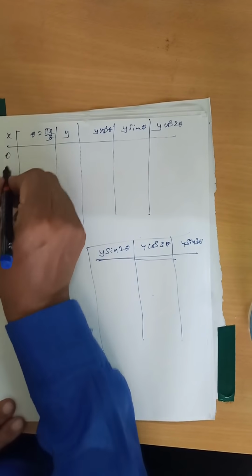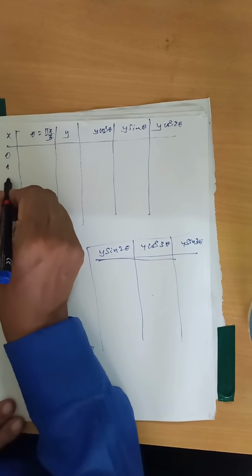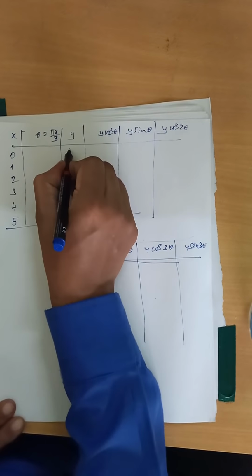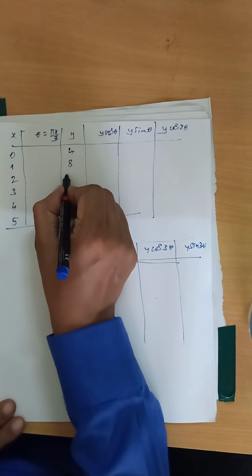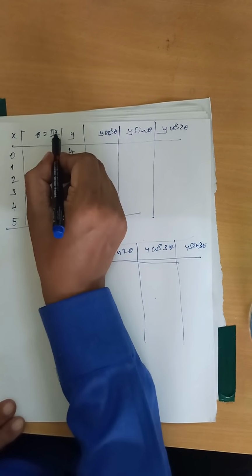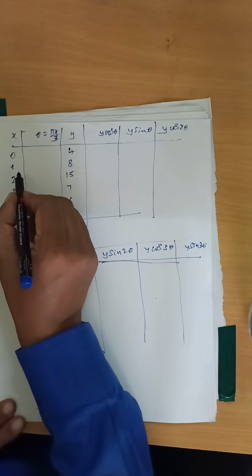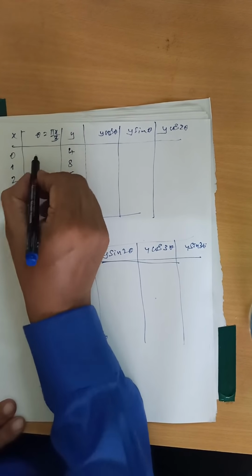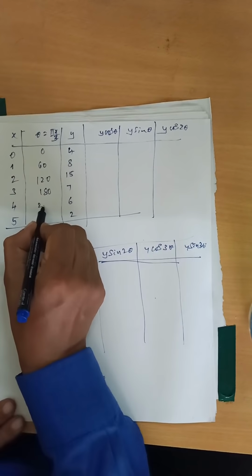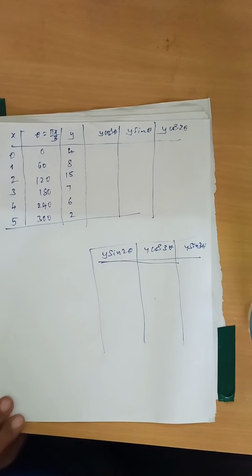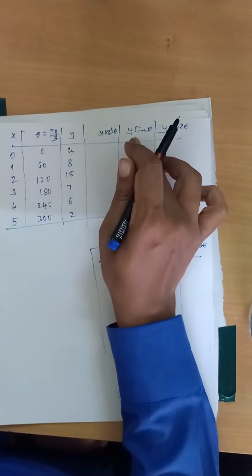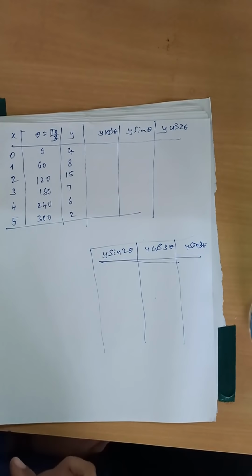Using x data 0, 1, 2, 3, 4, 5, corresponding y 4, 8, 15, 7, 6, 2. Apply x value here, you will get converting arbitrary to degree 0, 60, 120, 180, 240, 300. You are familiar with filling these columns by using calculator.